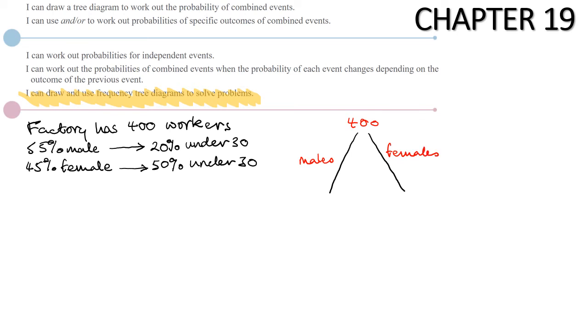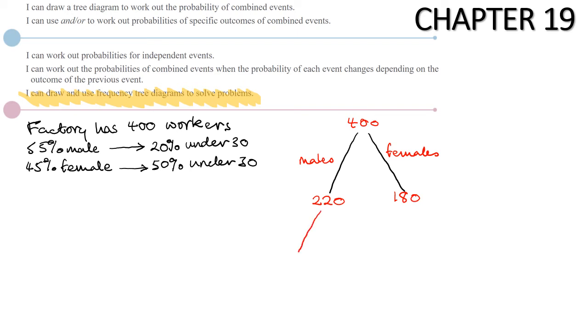So 55% of 400, let's work that out so we can work out what to put on the males. So 55% of 400 is 220, so you've got 220 males. Now if I take that away from 400, that means that there's 180 females.